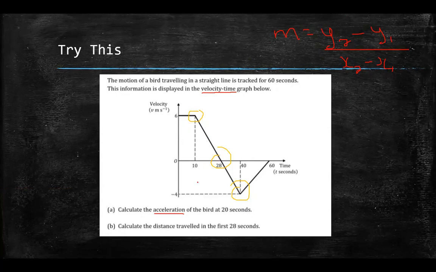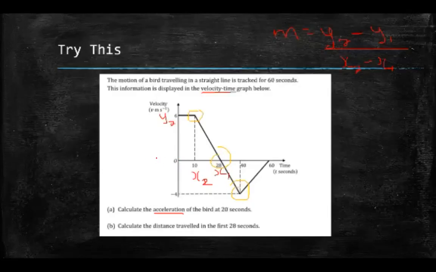Doesn't matter which. Let me use this as x2 and y2, since this y value is bigger, and let me say the 28 is x1 and the 0 is y1.